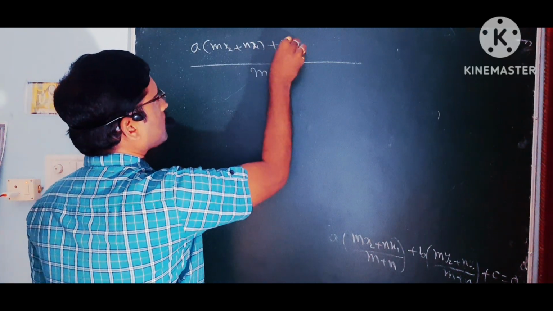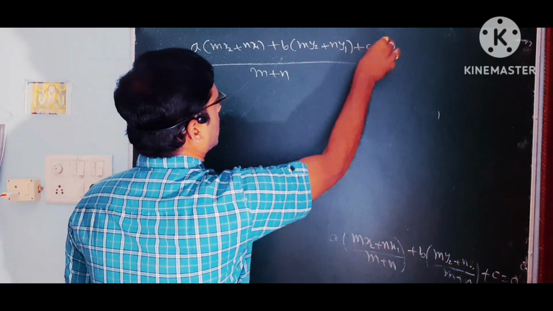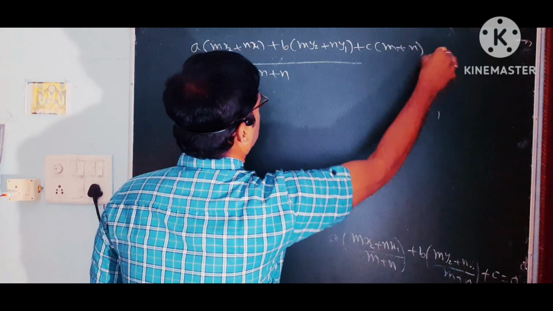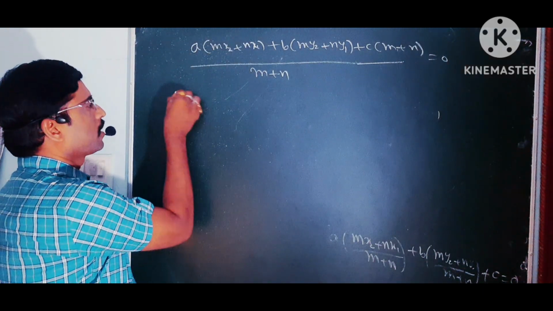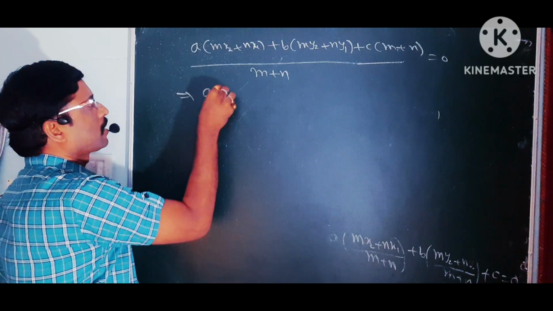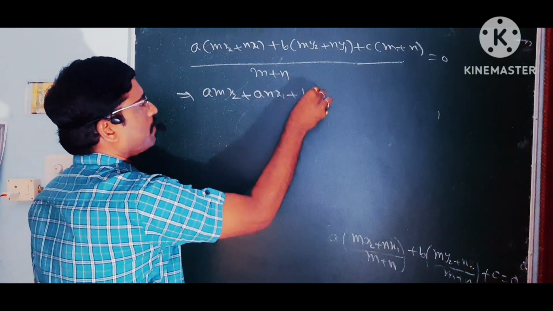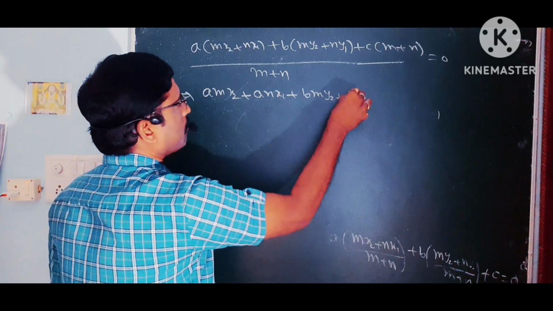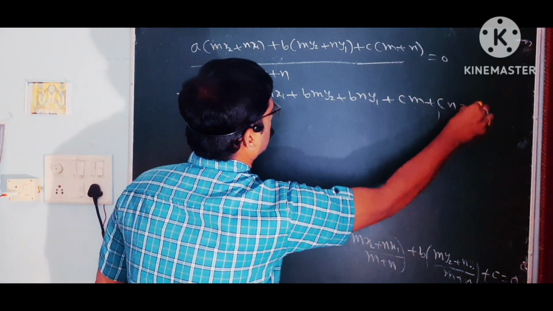Plus b into (my2 plus ny1), plus c times (m plus n) is equal to 0. Okay, right. After taking the cross product, what do we get here? amx2 plus anx1 plus bmy2 plus bny1 plus cm plus cn is equal to 0.